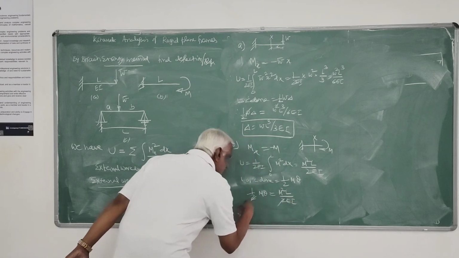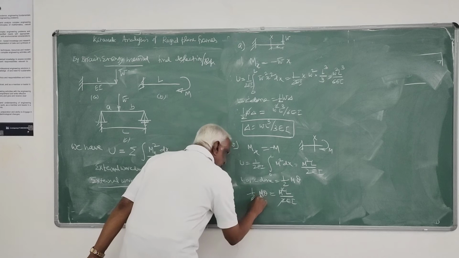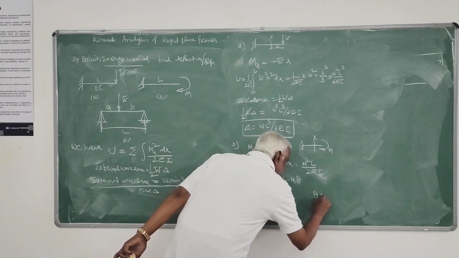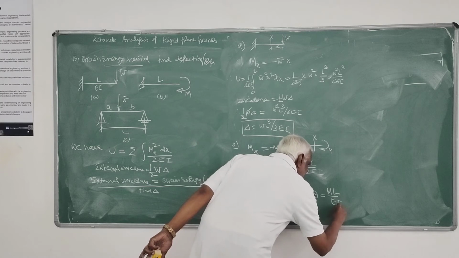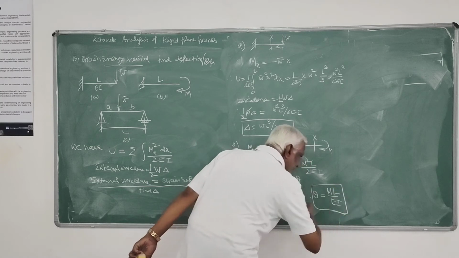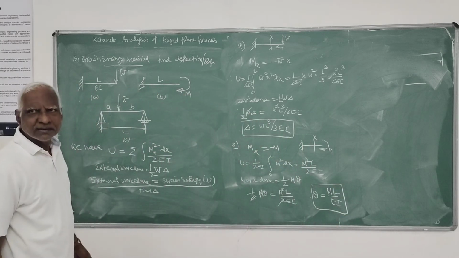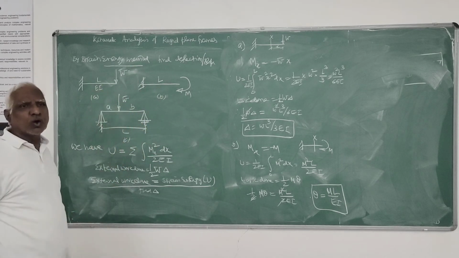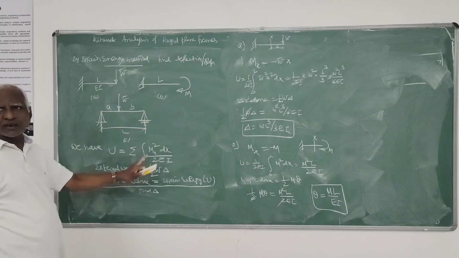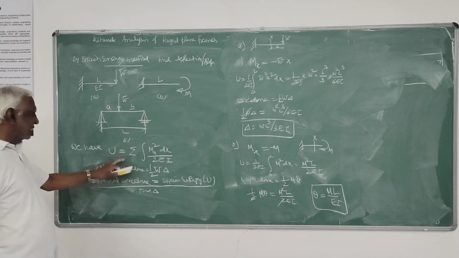These two get cancelled, and one M will go. Therefore, the deformation theta will be M L by EI. This is exactly what it is.